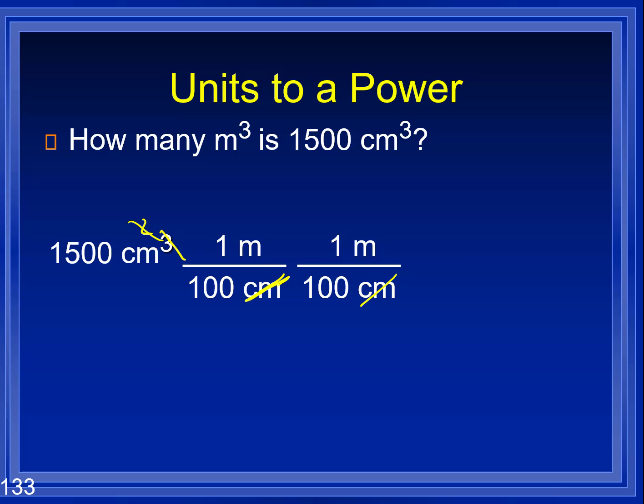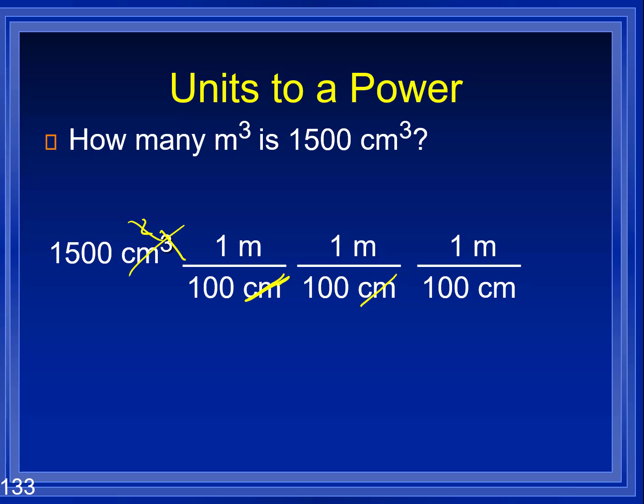To really get it to cancel out, I have to do it 3 times. Everybody comfortable with that? To get that centimeters to cancel out, I need 3 fractions. And that would give me my answer because I'd have all my centimeters canceled out, and on top I got meters times meters times meters. That's meters cubed. Right? So I'm there.